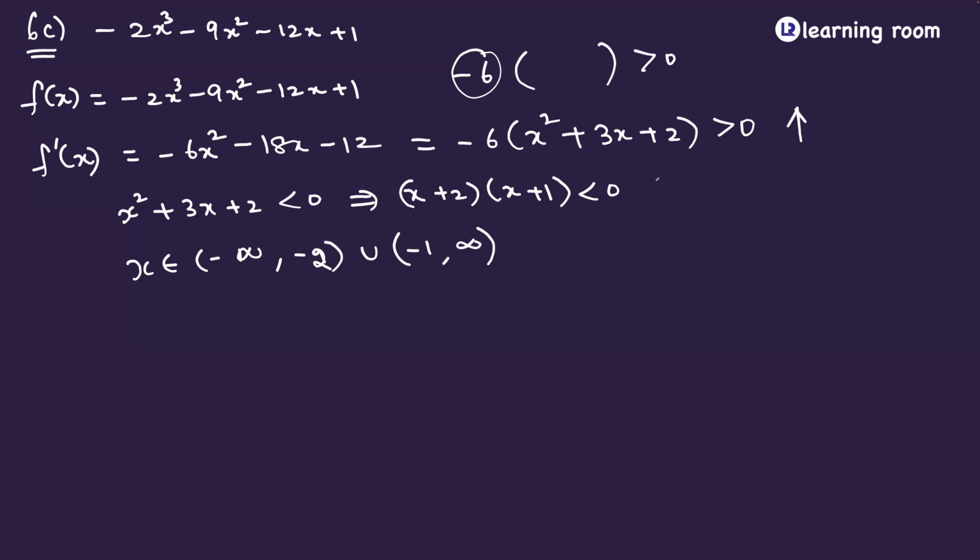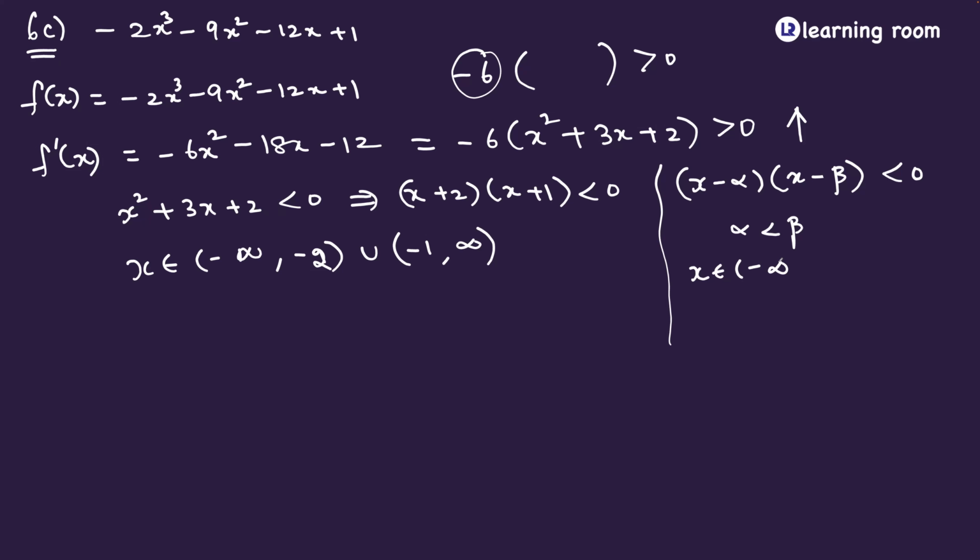Listen. When I have x minus alpha into x minus beta less than 0, listen to this carefully. When alpha is less than beta, then x belongs to minus... Oh, I'm really sorry. You guys were right.